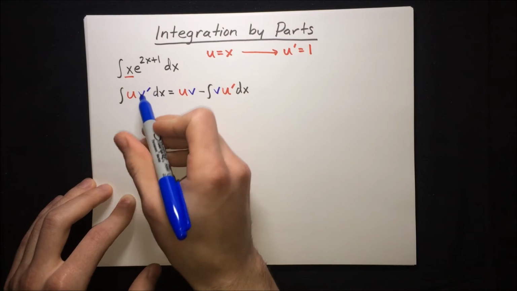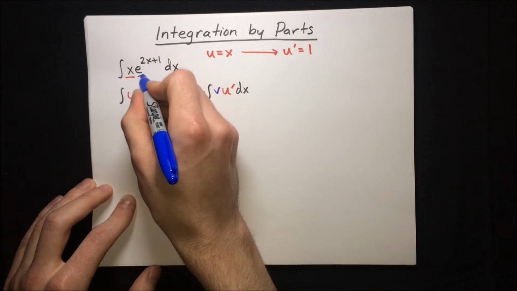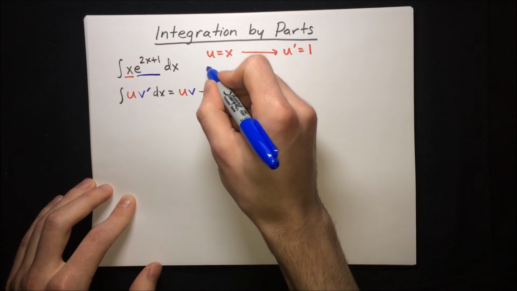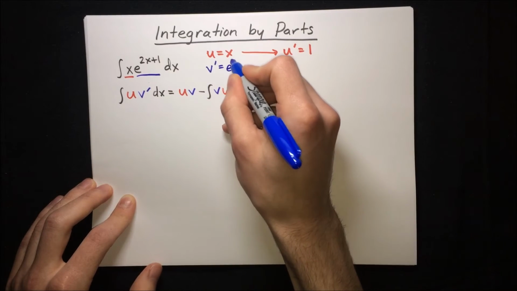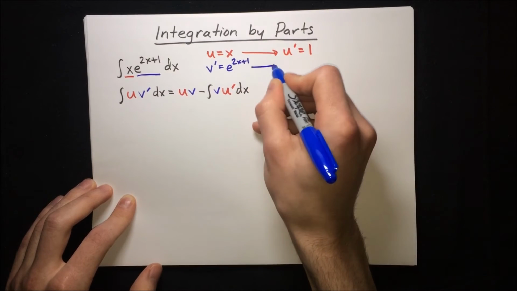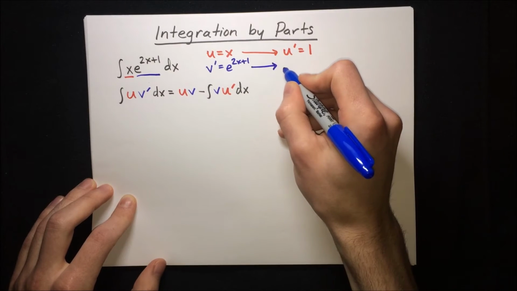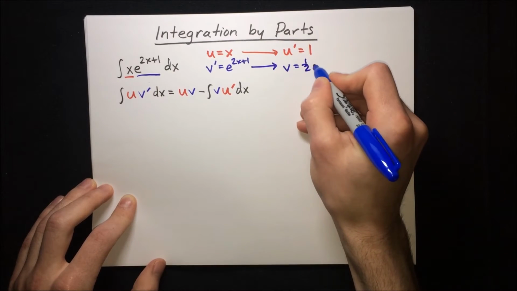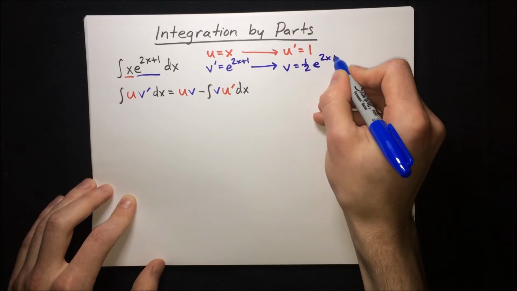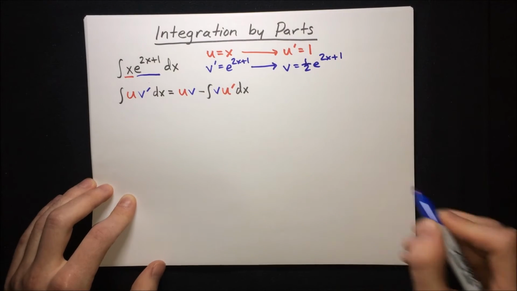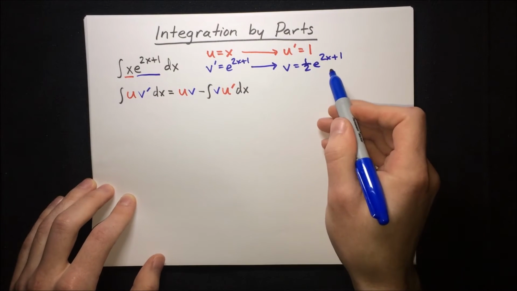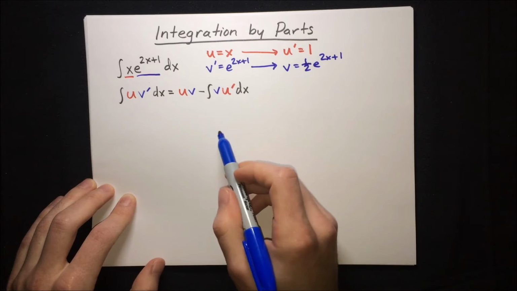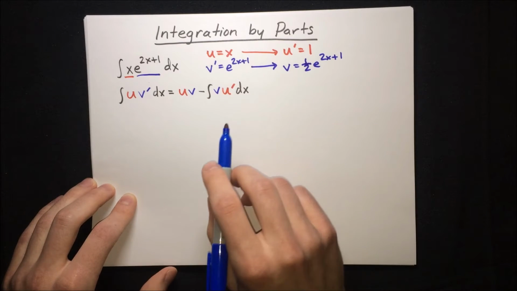And then that leaves us with v prime. That needs to be e to the 2x plus 1. And then we'll just take the antiderivative, v equals a half e to the 2x plus 1. And we're not going to worry about any constants just yet. We'll worry about that at the end. We'll just add our constant at the very end.